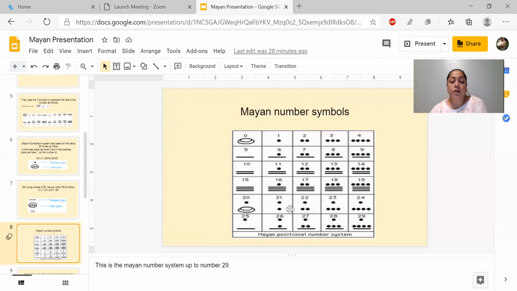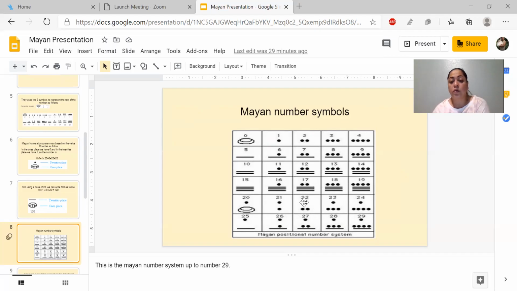In the Mayan positional number system, again, we see the symbols here representing zero all the way to 19, and then we have the change once we hit 20. The 20 is represented by a dot, and then the shell by itself. On the 21 we have a dot representing the 20, and then the one represented by a one dot.